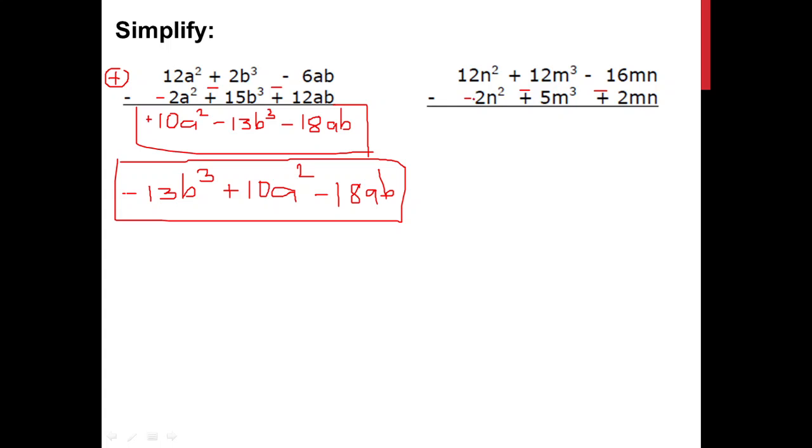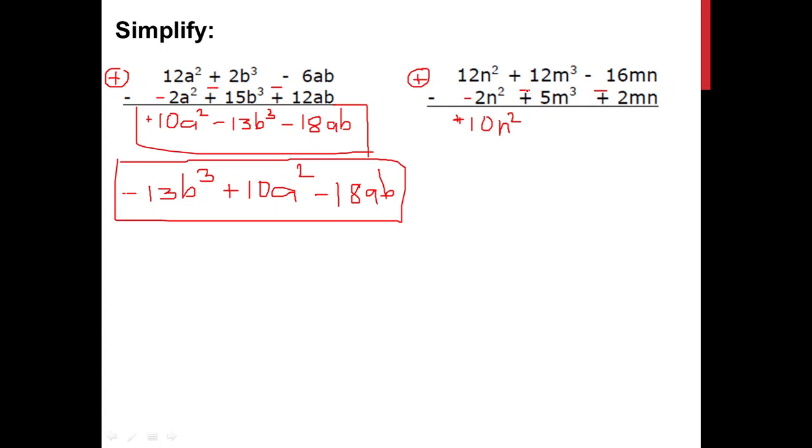And then after changing the sign here, proceed to the law of addition. Now here we have positive and negative. It means we need to subtract and then copy the sign of the biggest number. 12 is bigger than 2 and the sign of 12 is positive, so the result here should be positive, right? So 12 minus 2, that's 10. Copy the variable, n squared.